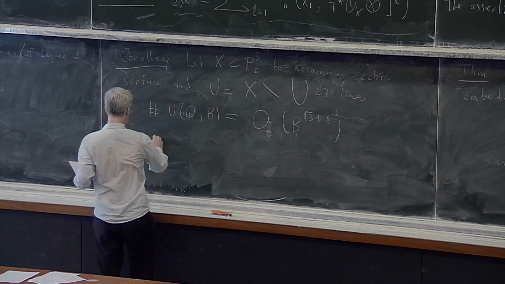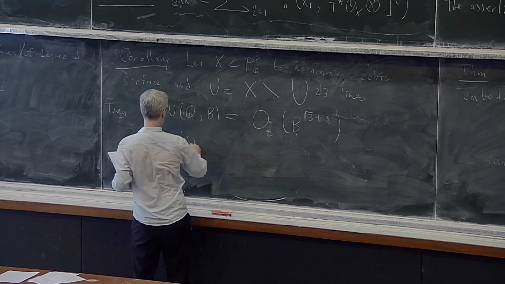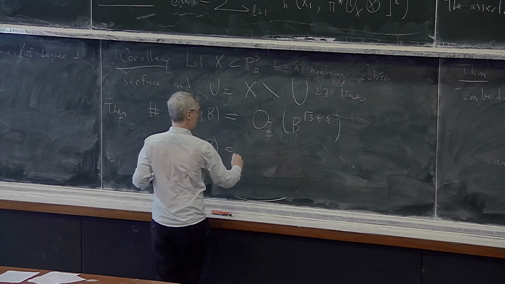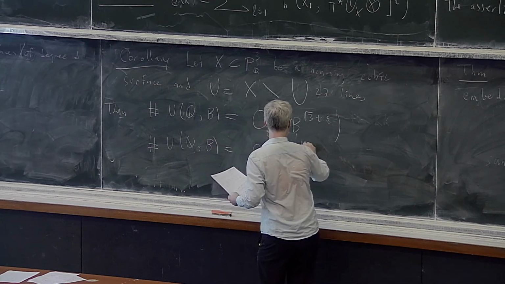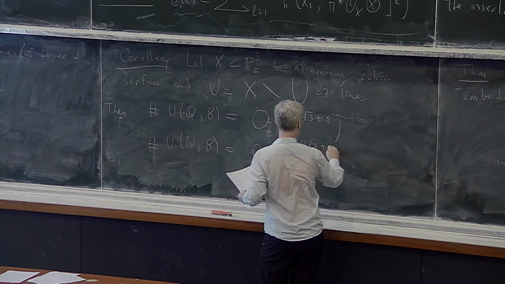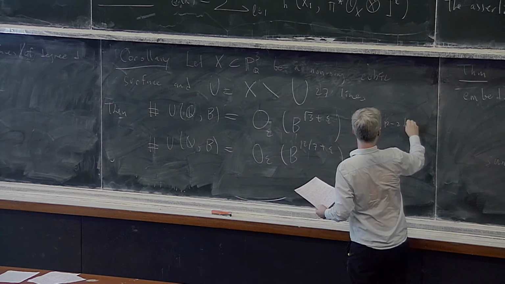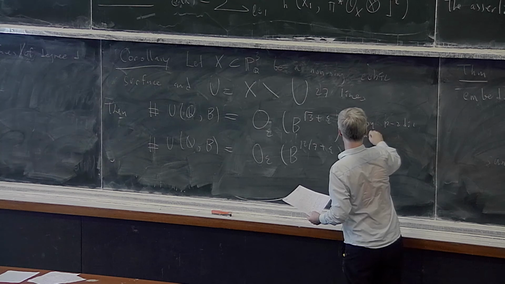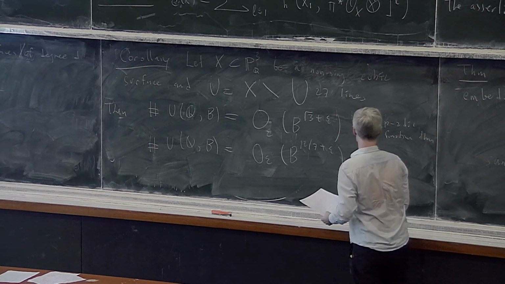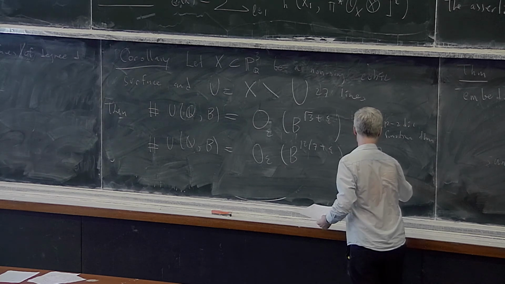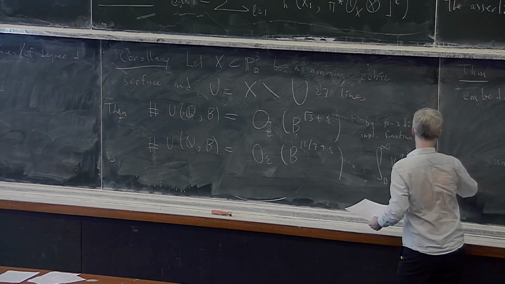And recently, in a paper in the Bonn proceedings, in a book, I improved this to O of epsilon times B to the 12 over 7 plus epsilon. This is obtained by the p-adic implicit function theorem, using this volume integral.